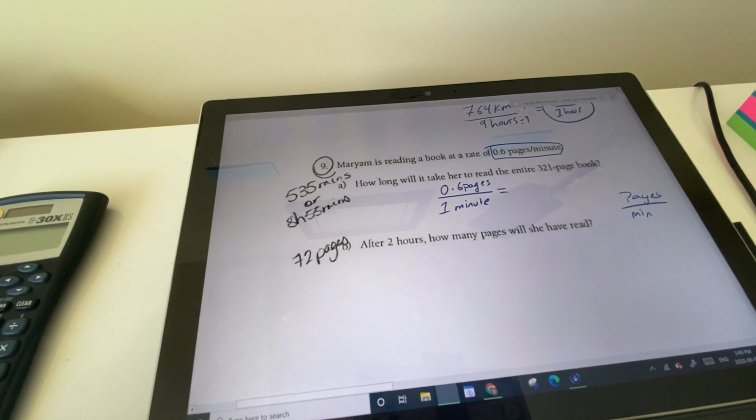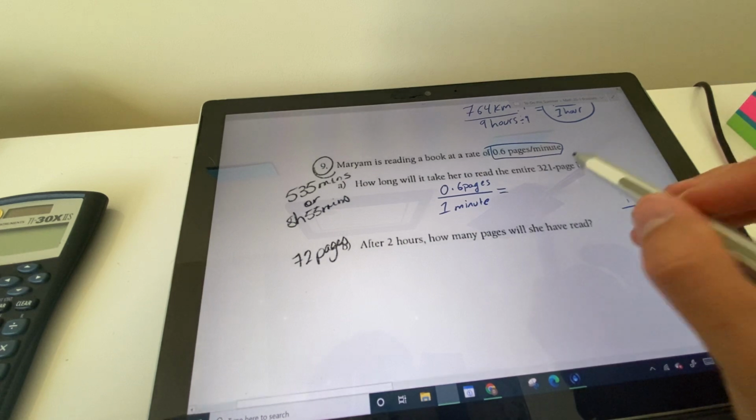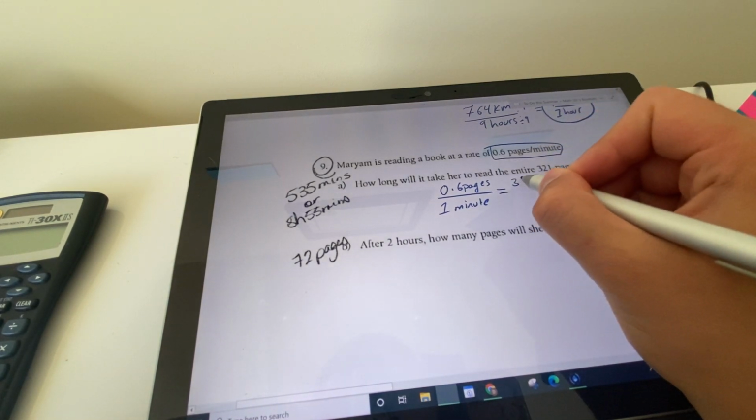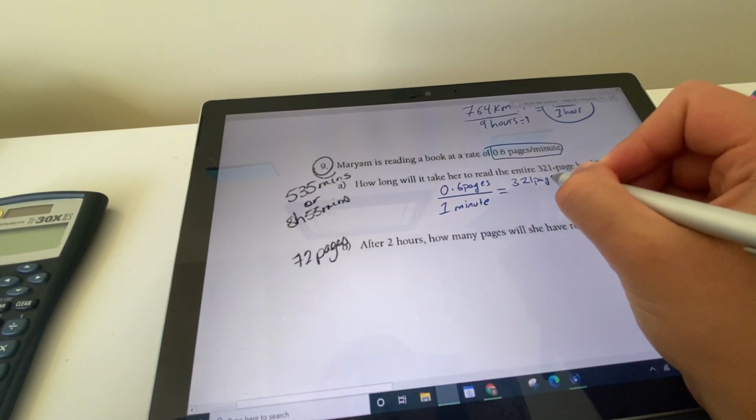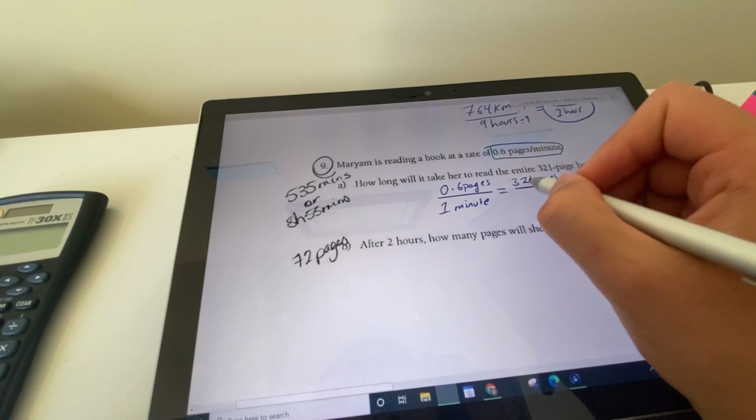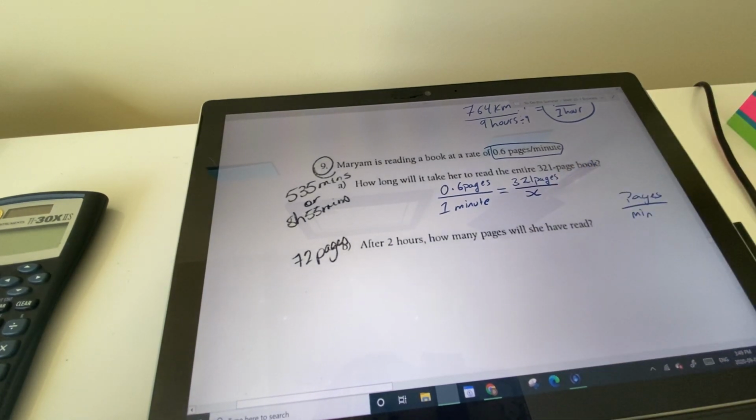That's the important thing you really want to understand here, is that whenever you have a rate, you can always perform cross multiplication and division to figure some stuff out. So here, 321 pages over the X amount of minutes.